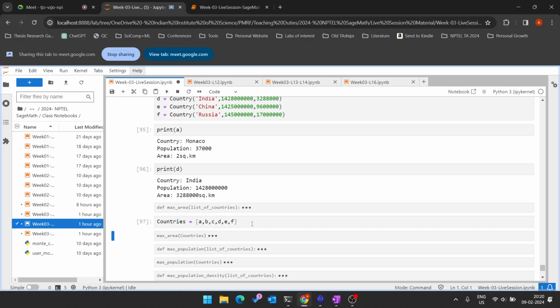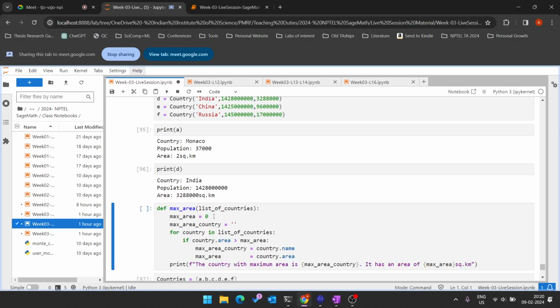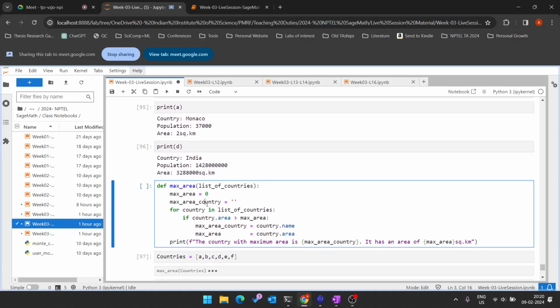Next, I am defining this list of countries, and now I want to look at the function max_area. This function calculates the country with the maximum area among the list of countries. It's very straightforward. I think you have done something like this before also. We initialize maximum area to be 0, and we initialize maximum area country to be a blank string.